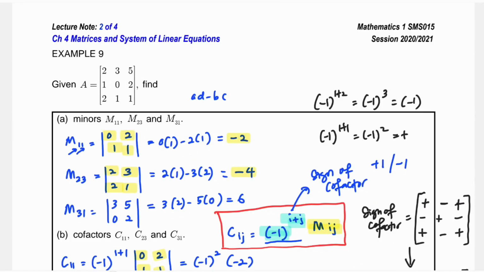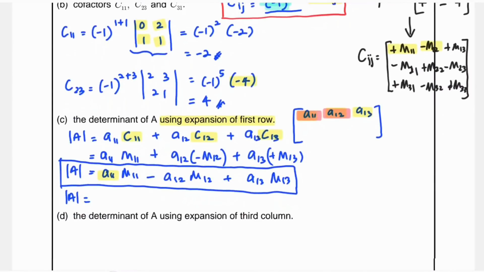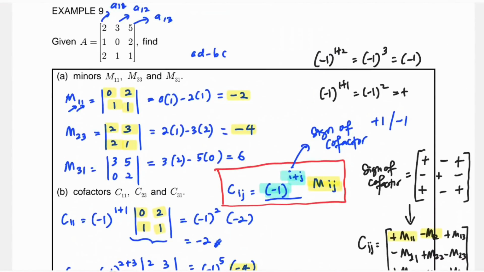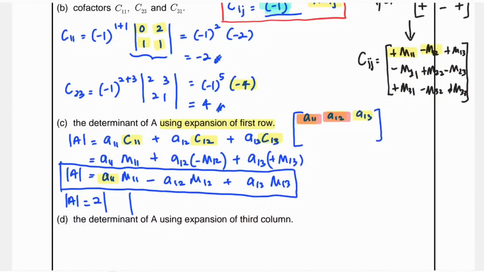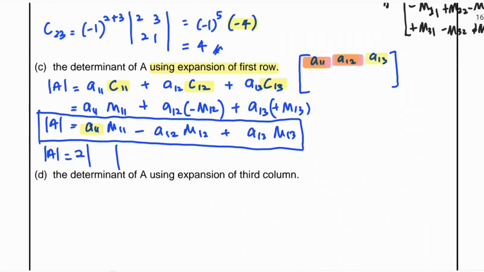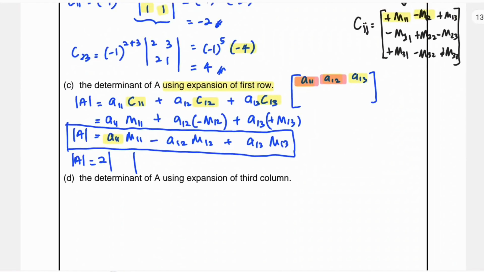This is A11, this is A12, this is A13. So 2 will be multiplied with the minor 11. For minor 11, you delete the first row and the first column, which gives the remaining elements 0, 2, 1, 1.